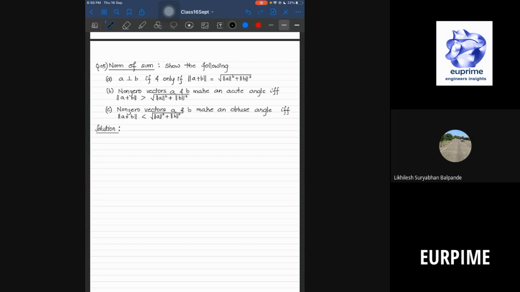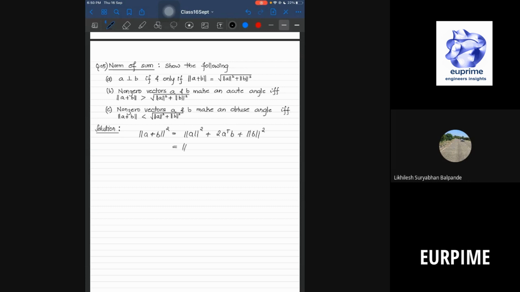Let us look at the solution. We can write norm of a plus b square as norm of a square plus 2a transpose b plus norm of b square.